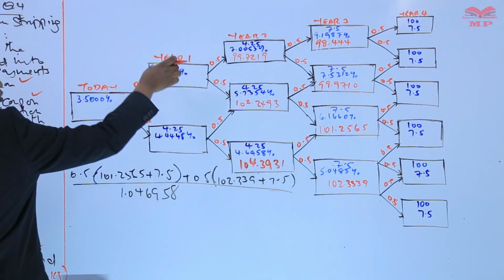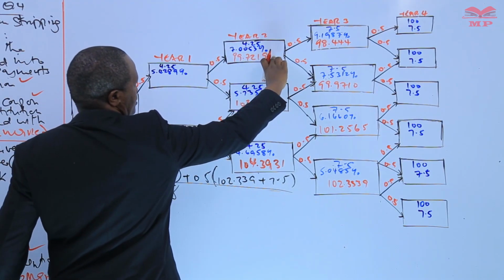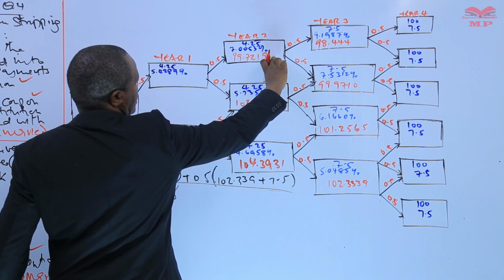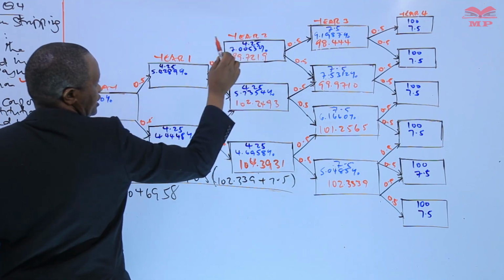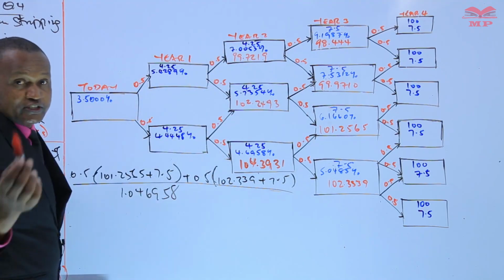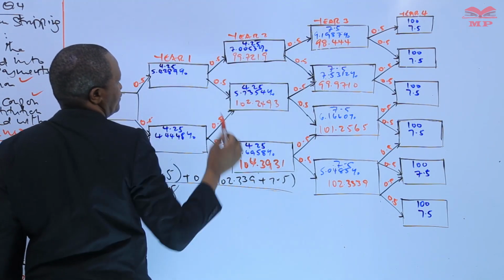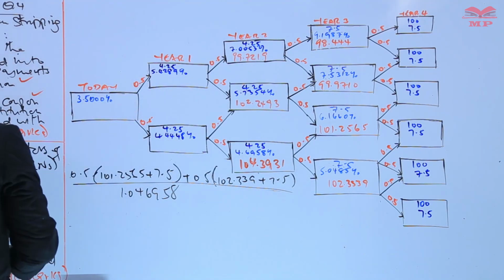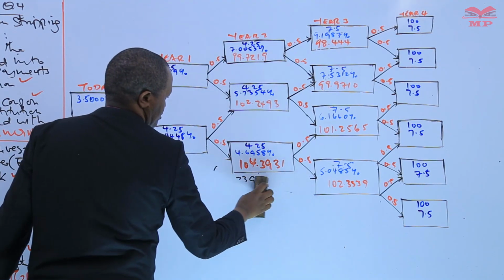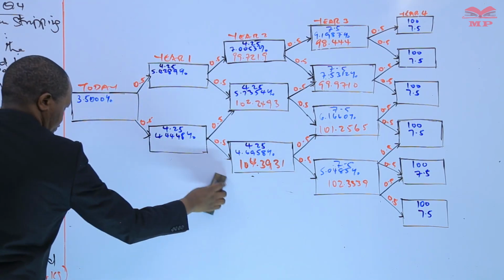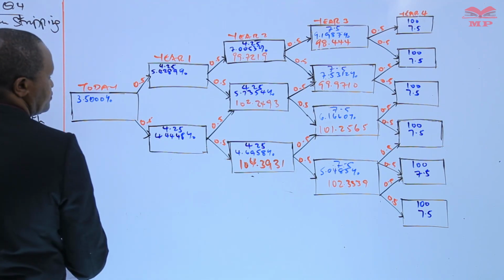We move back to year 1. Year 1, we begin here with these two nodes. Candidates, you can see in year 2 the interest is no longer 7.5 but 4.25. So under this one, we change from 7.5 to 4.25.